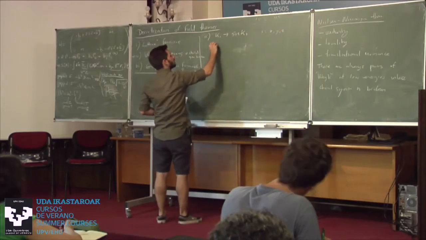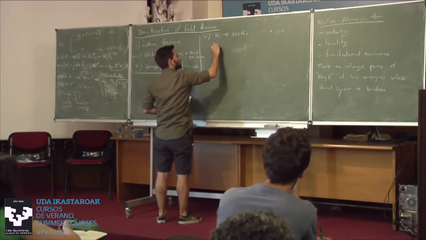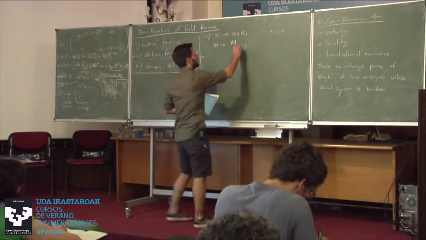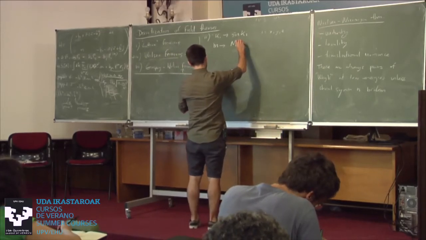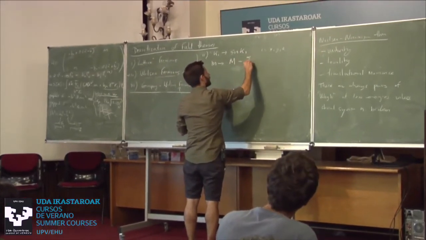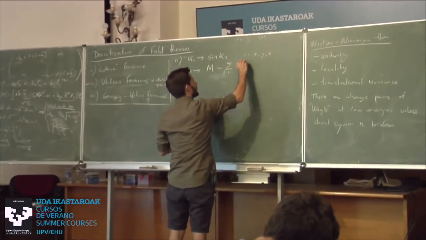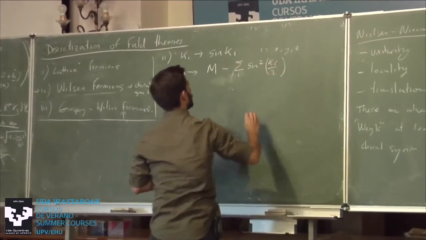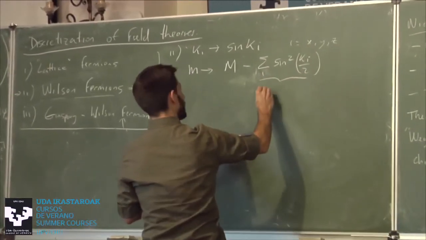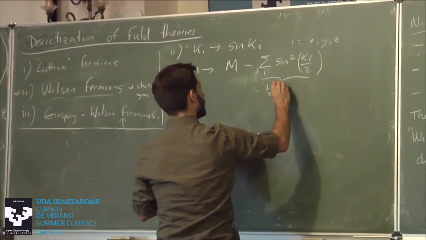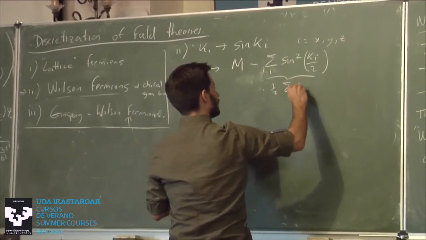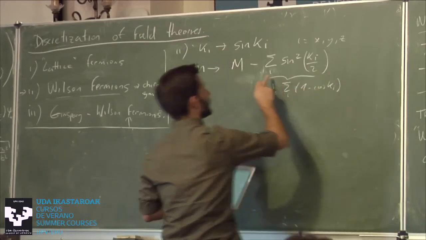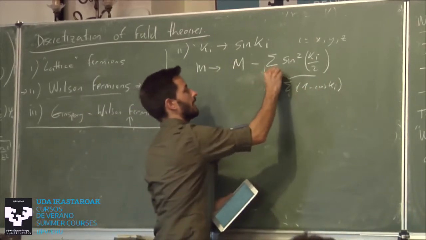But now, what I'm going to do is, instead of writing just a single mass m, I'll write it as the sum of sine squared of k_i over 2, which you can also write as 1/2 the sum of 1 minus cosine k_i. This is a sum that goes over x, y, and z.